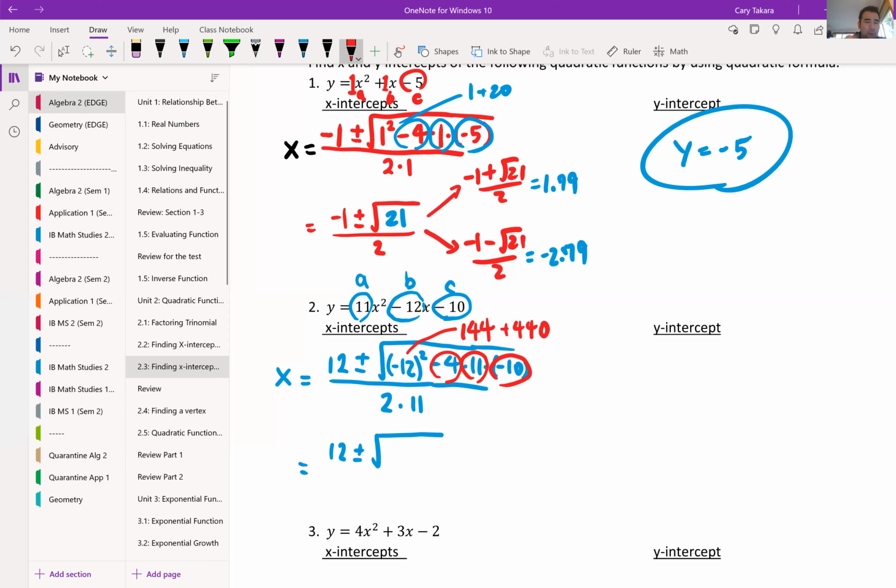So it will be 144 plus 440, which will be 584. So you should get square root of 584 over 22.